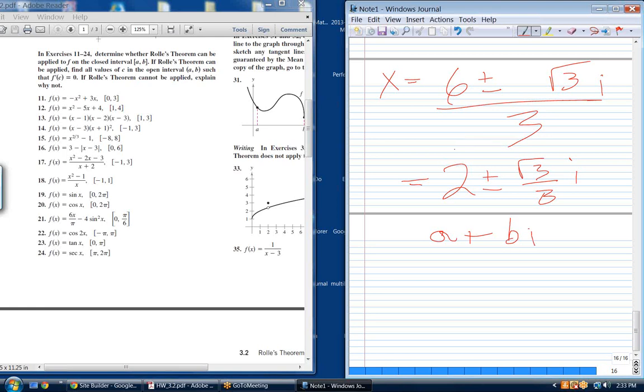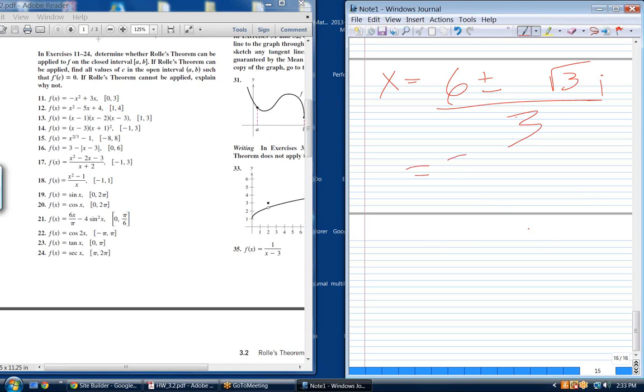So when you're using the quadratic formula, after you get the final answer, split it up into 2 fractions. If it's complex, you need to do that. If it's not complex, then there's nothing wrong with this answer here.